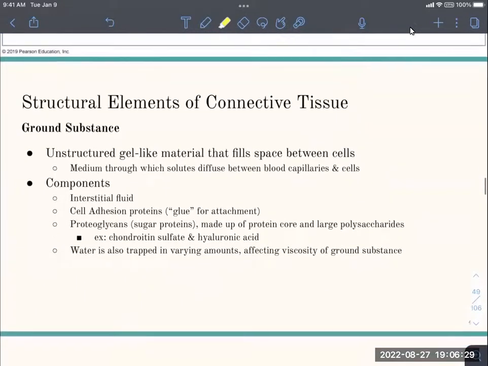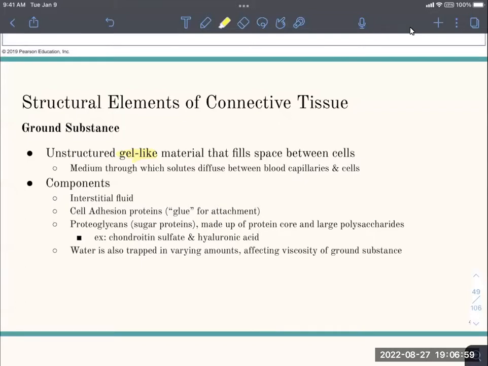The ground substance in the majority of connective tissue is some kind of gel-like material that fills in between spaces. It's kind of like a medium in which solutes diffuse between those blood capillaries and those cells. That's where everything kind of happens within connective tissue. There are different components of that ground substance. We have that interstitial fluid.